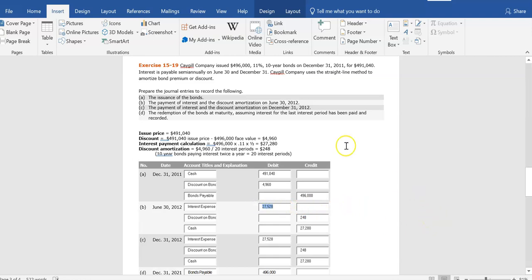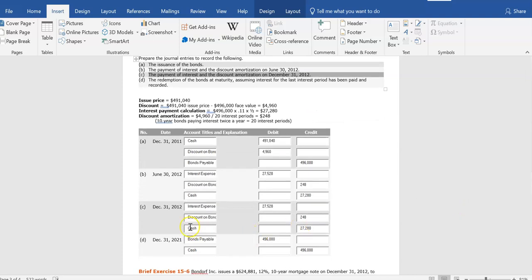Okay. 6 months later, another interest payment is due to the bondholders. It will involve another cash payment of $27,280. That doesn't change. It will involve another amortization of $248 of the discount on bonds payable, giving us total interest expense to record on December 31st of 2012 of $27,528.